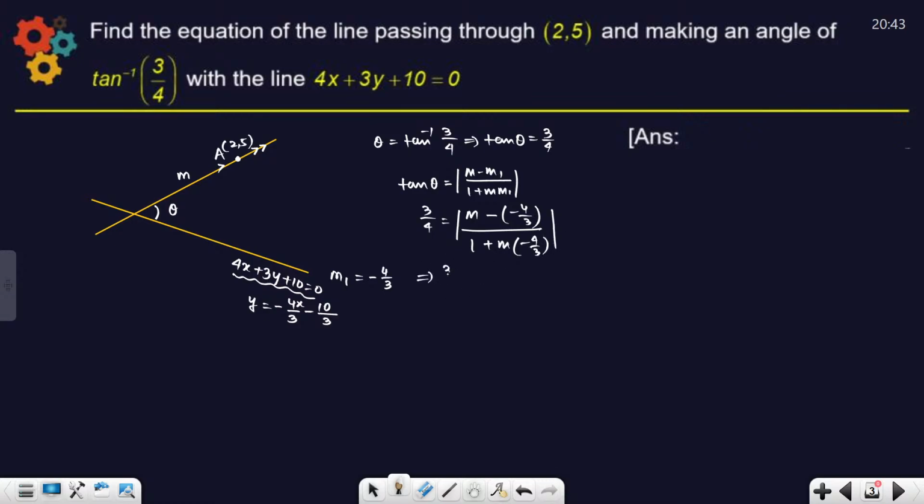Let me simplify: (3m plus 4) divided by (3 minus 4m). Now, if I remove the mod sign, we are going to have a plus minus.